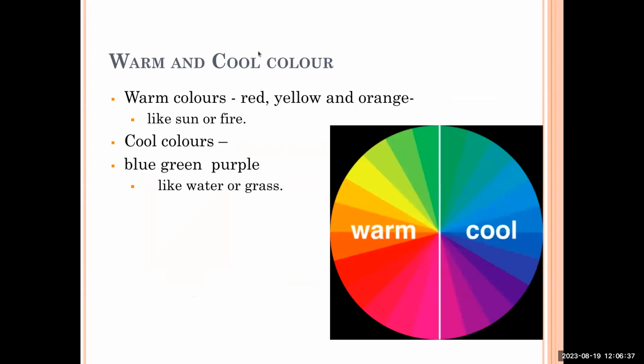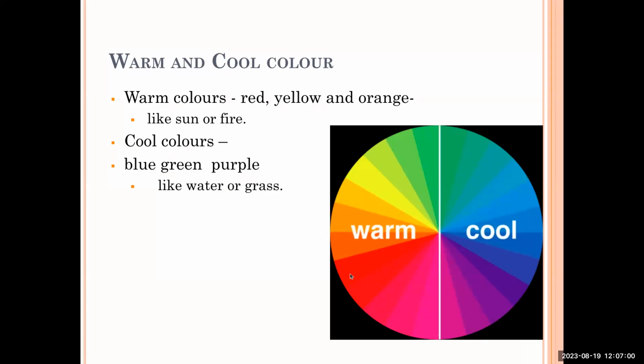The warm and cool colors. Warm colors are red, yellow and orange. Here you can see this circle. These are warm colors, these are cool colors.